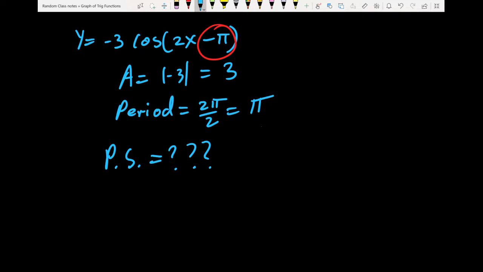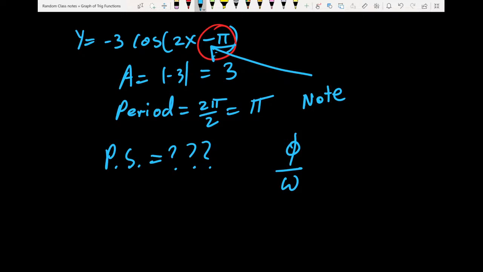Because a phase shift, the way it works is this: phi over omega. That's your phase shift. Note, this phi is negative.